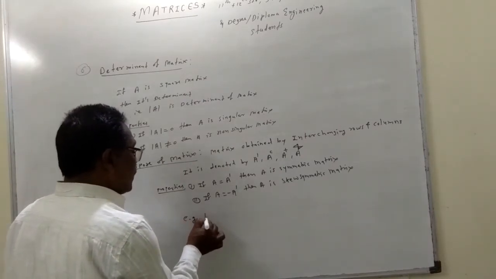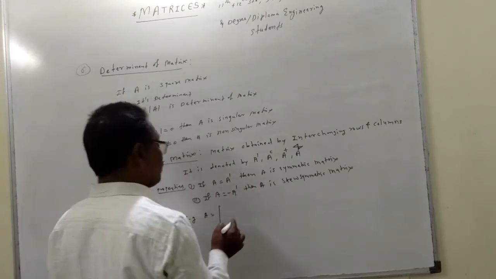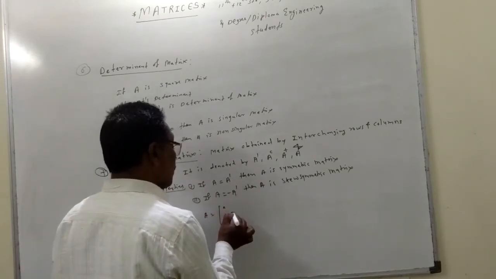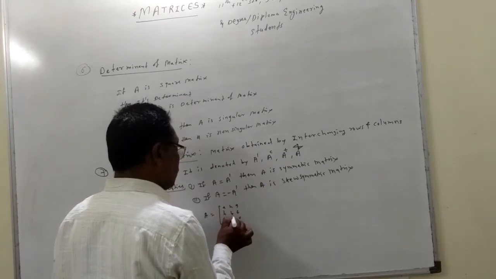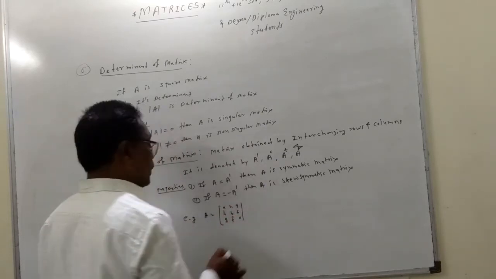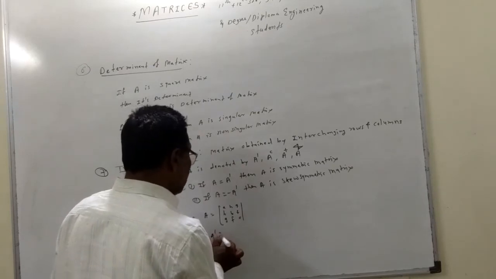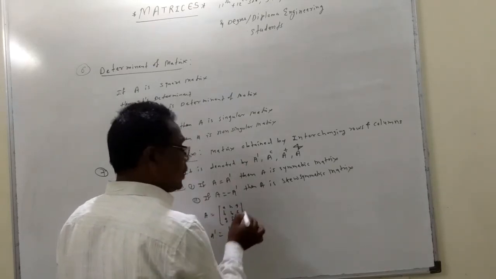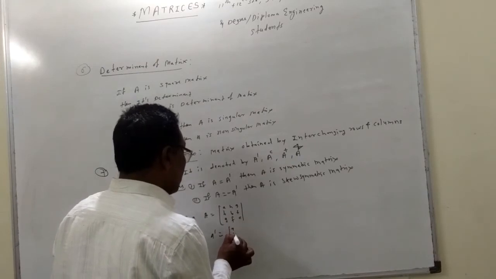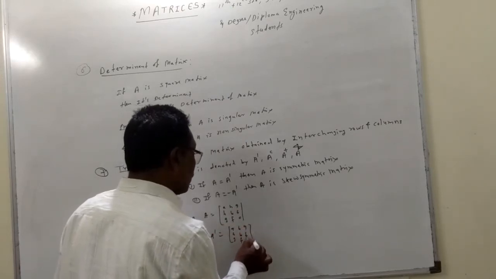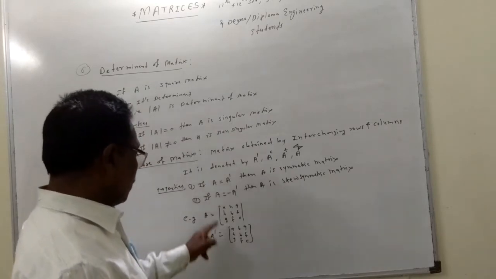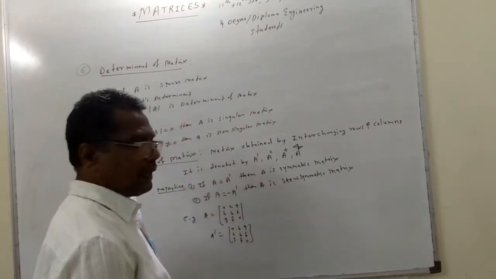So for example, if you consider the matrix A equal to [A H G; H B F; G F C], A transpose is equal to, so these rows we write as columns: A H G, H B F, and the third row as the third column G F C. So here if we observe the elements of A and A dash, all the elements are the same.